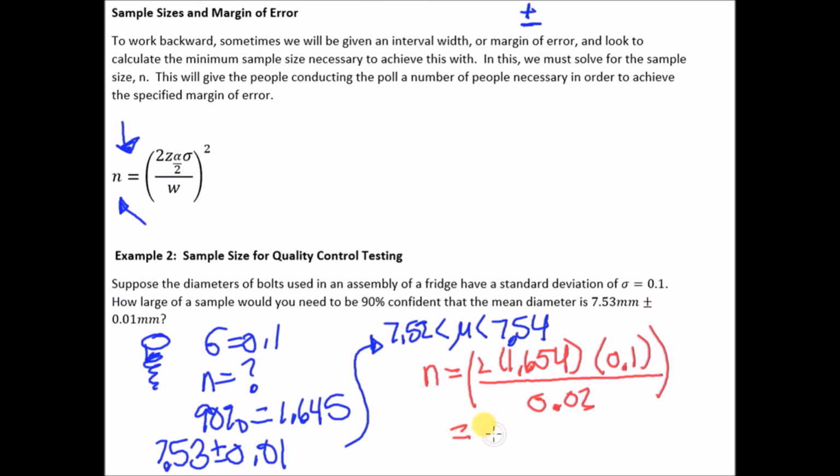Okay, and when you calculate that, you get approximately 271. So you would need to sample 271 bolts in order to be 90% confident that the mean diameter is in this interval.